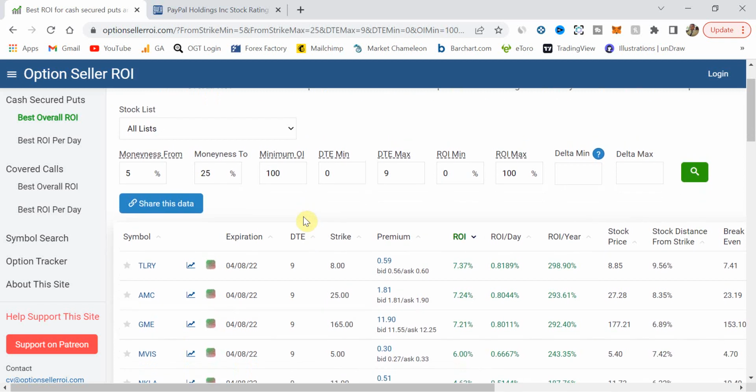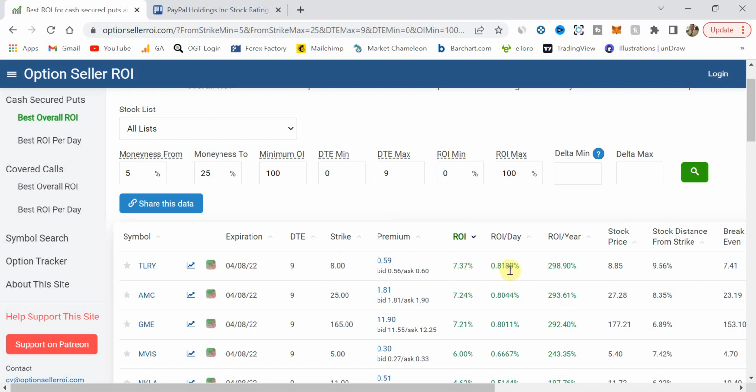I'll go into the filtering I like to use, but we obviously have the symbol of the stock, the expiration date, days to expiration, the strike price to sell the option, the premium, the bid ask, and the mid price. Then it calculates for you the return on investment across the 9 days, divided by 9 in this example to get your ROI per day.